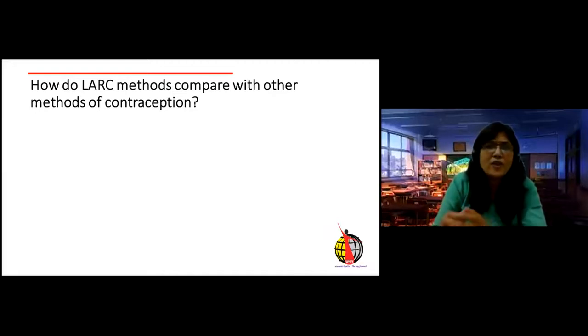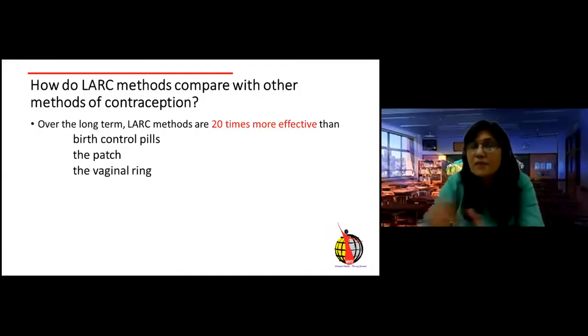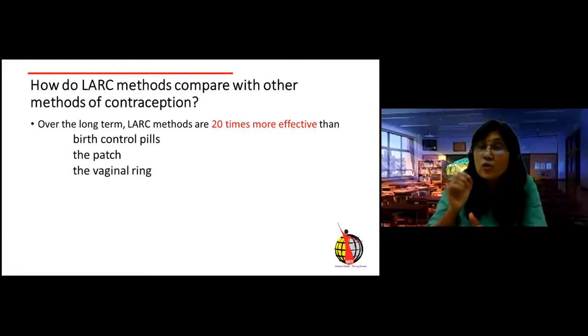Now, next question, again a high order thinking question, which we call a HOT question, is how do LARCs compare with other methods of contraception like the pills, like the barriers? So how do they compare with it? If you compare over a long term, LARC methods are 20 times more effective than either the pill, the patch or the ring, and that is why it is considered one of the very good reversible methods.